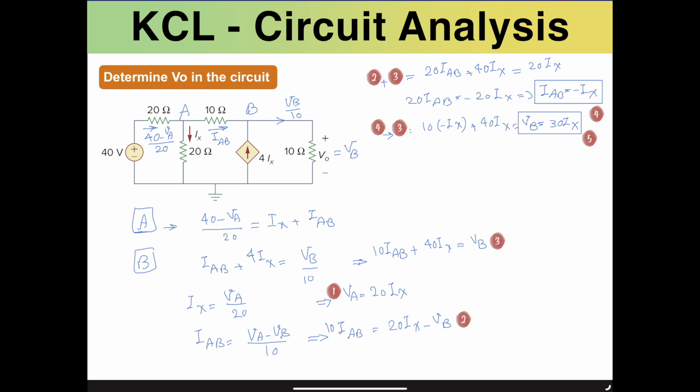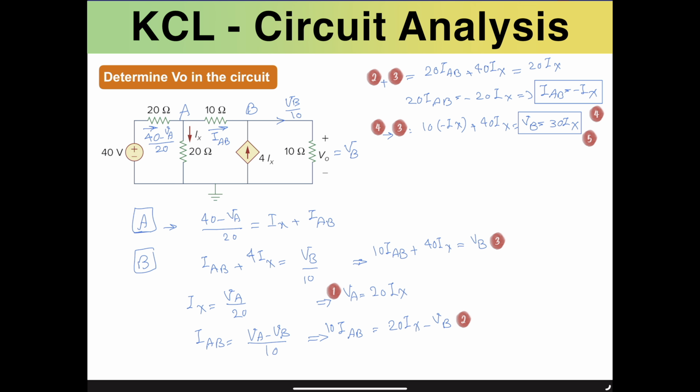Now, VB is known as well. We just need to incorporate all of them in the first equation that we have arrived at in our analysis. In this one, we can write VA in terms of Ix as well as IAB in terms of Ix.